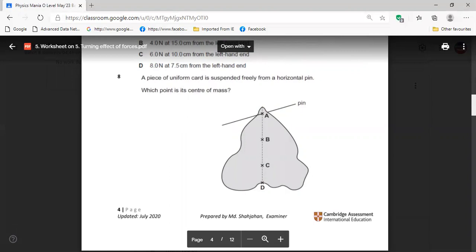A piece of uniform card is suspended freely from a horizontal plane. Which point is its center of mass? Which one do you think is the center of mass? I myself am confused.